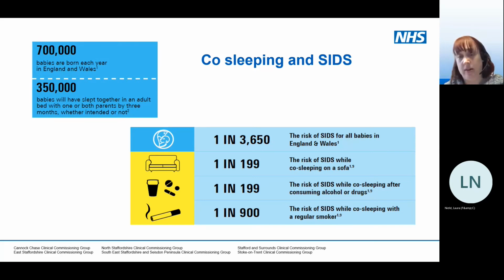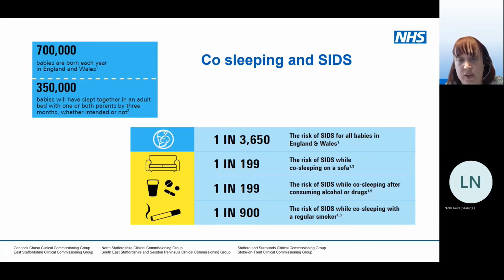Compare that with the risk for a baby co-sleeping with a regular smoker: that increases to 1 in 900. And the risk of SIDS whilst co-sleeping on a sofa, or after the parent has consumed alcohol or drugs, increases to 1 in 199.